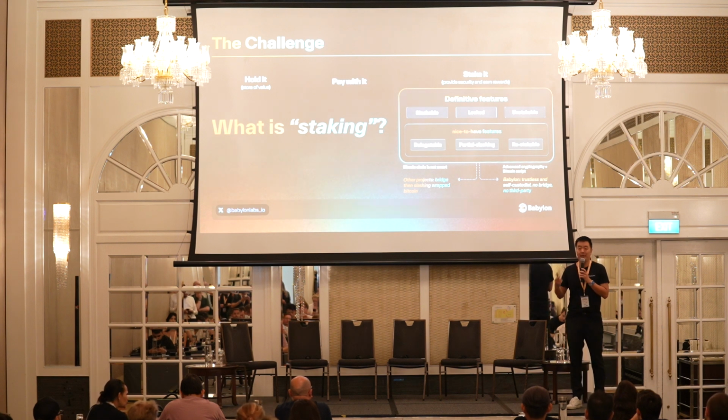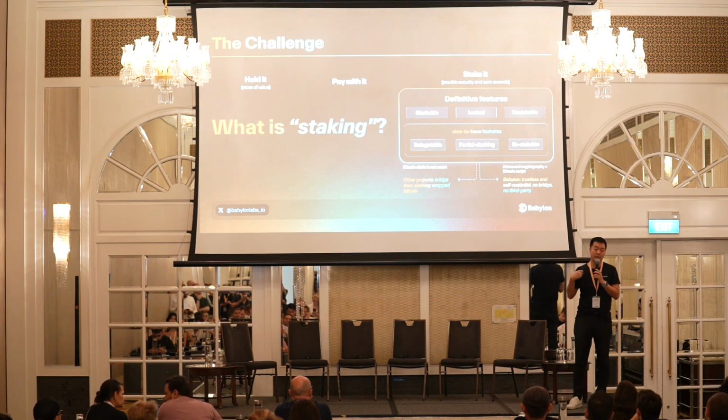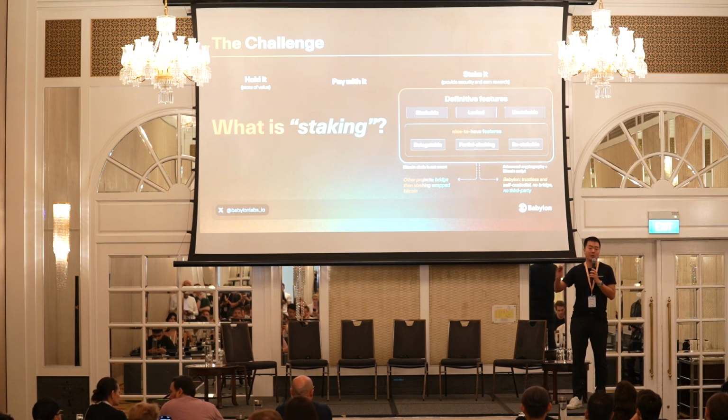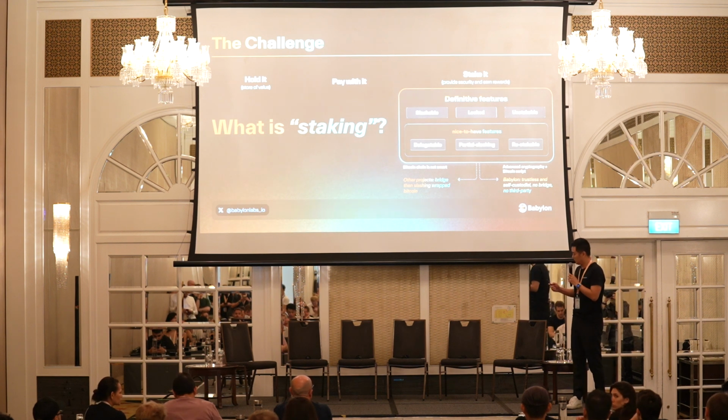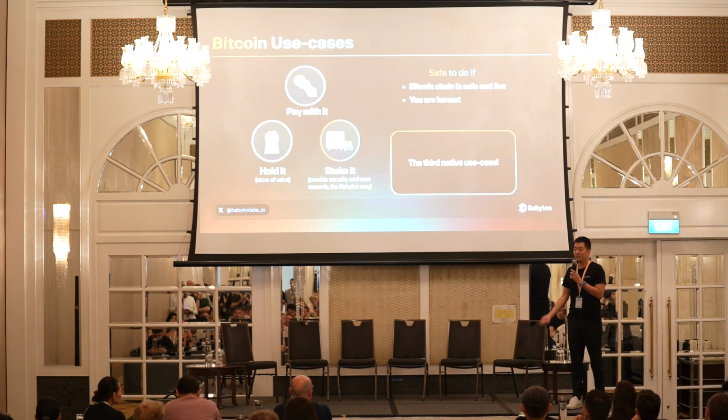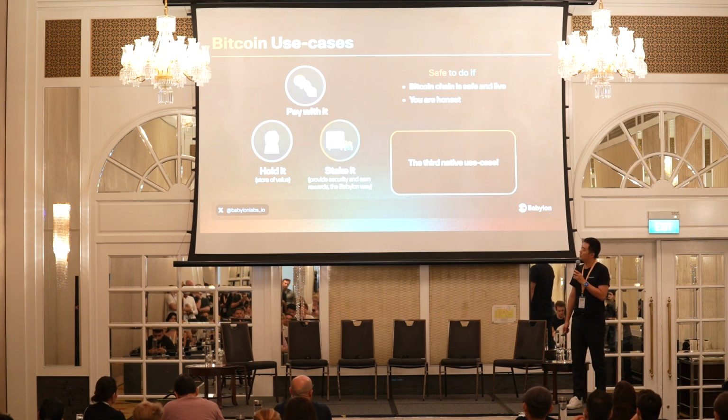Slashing will only happen if the staker itself participates in an attack on the proof of stake systems. Otherwise, the staked Bitcoin is secure. So Babylon introduced the 3rd native use case of Bitcoin, which is stake, secure, and earn.